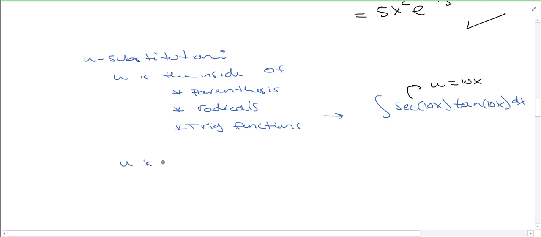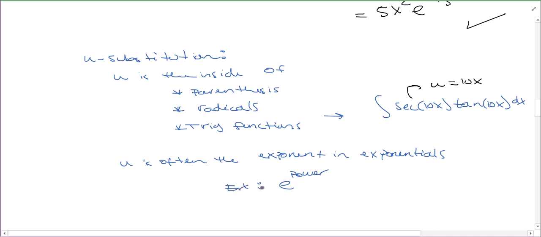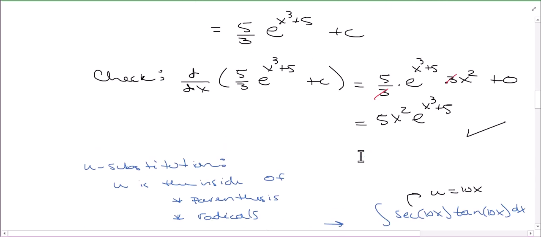U is oftentimes the exponent also in exponentials. So like in this example that we did, e to the whatever power, or if you have some b to a power, oftentimes you can let u be the power, the exponent.